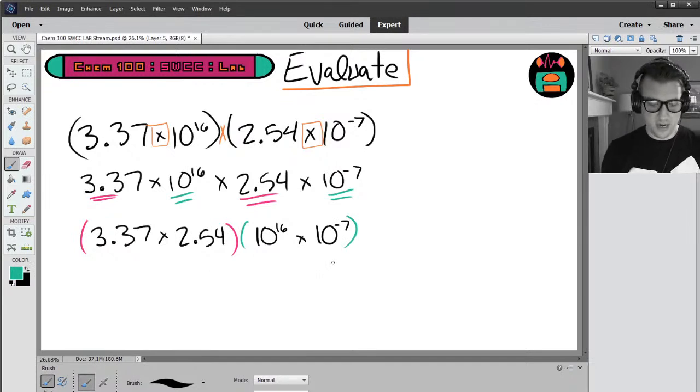I'm going to bust out a calculator, which is my trusty phone. So I've got 3.37 times 2.54. All right, now the value here is 8.5598.